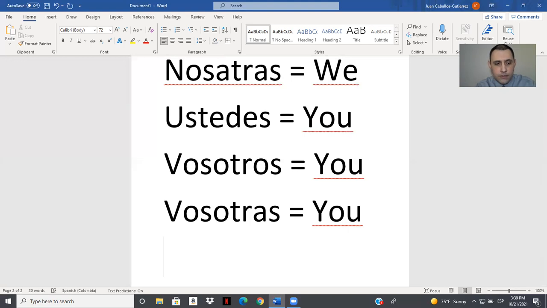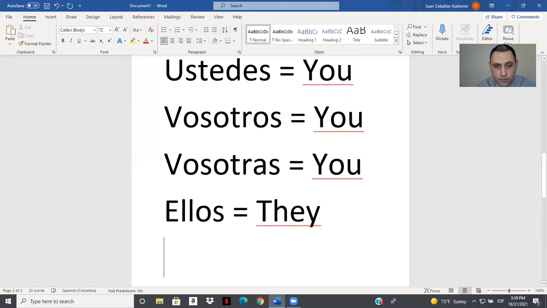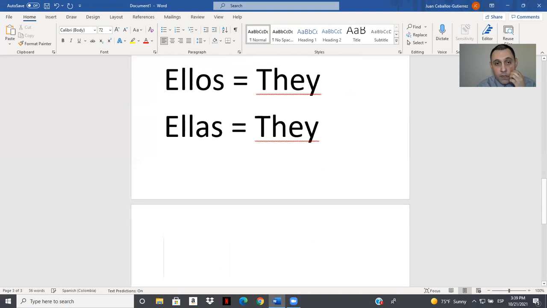The next one is ellos, which is they, and ellas, which is the same in English, they. The difference here is that ellos is a combination of men and women or just men, and ellas is all women.